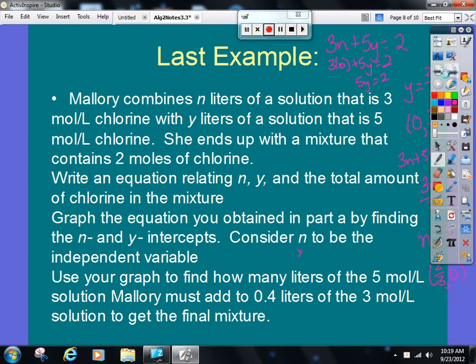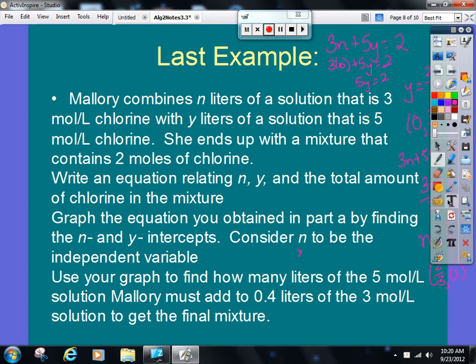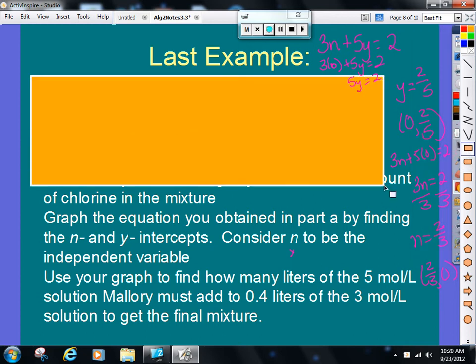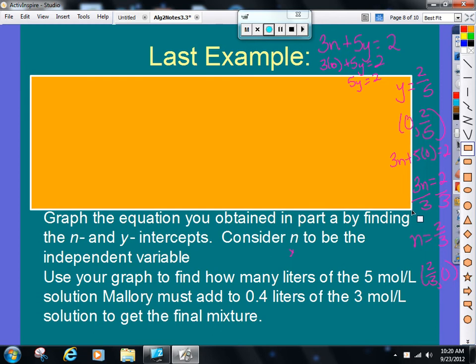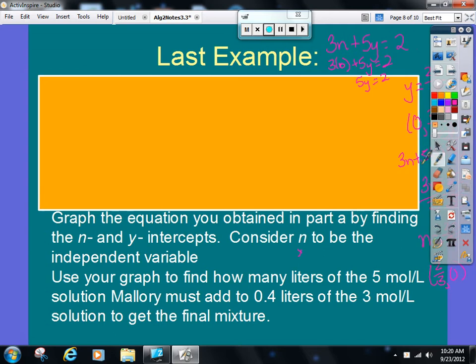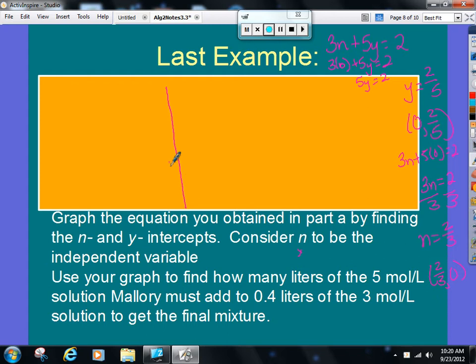Well, you'd have to accurately graph it first of all. Did I graph it over here? No. I know what to do. I'm going to draw this nice little graph paper. This is actually a pretty poor problem for predicting things on a graph because those fractions make things not very accurate.